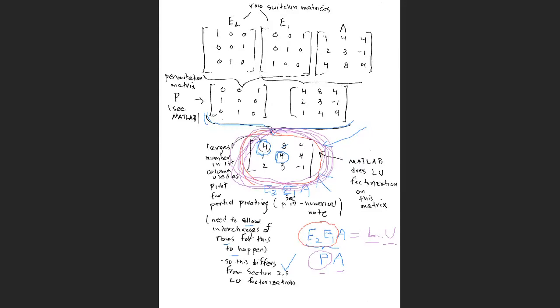Okay, so I'm going to show you the matrix factorization. We can easily work it out by hand, but MATLAB is going to do LU factorization on this matrix here. If I go to the next page, here's that matrix. And what I do is I take negative 1/4.